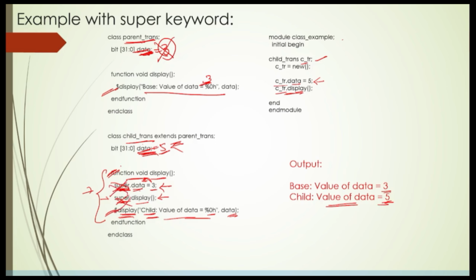Since you are using the super keyword, you can access the parent class properties within your child class even though you are overriding them. So this is the use of the super keyword in inheritance when you are overriding the base class members with your child class properties. This is about the super keyword.